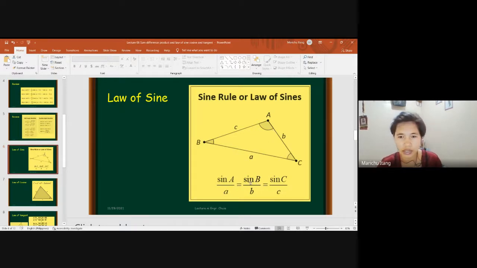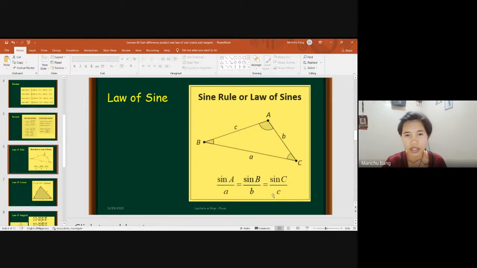It's equal to sine B over b, where capital B is the angle at point B and small b is the side opposite to it. It is also equal to sine C over c, where capital C is the angle at point C and small c is opposite that angle. You can use either of the formulas.